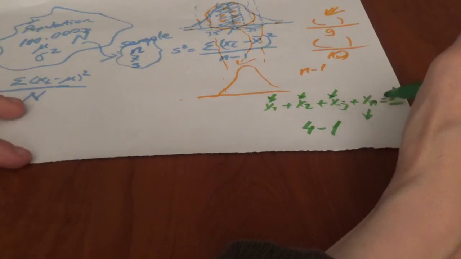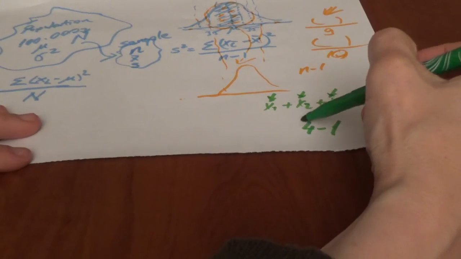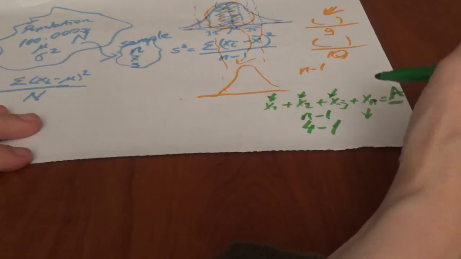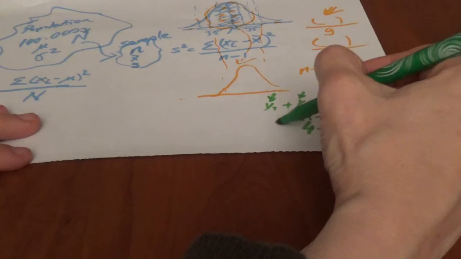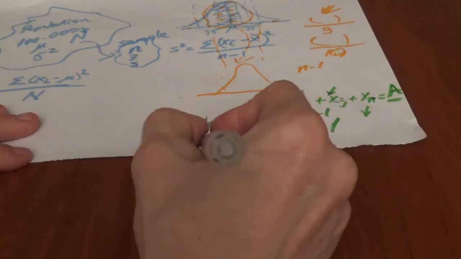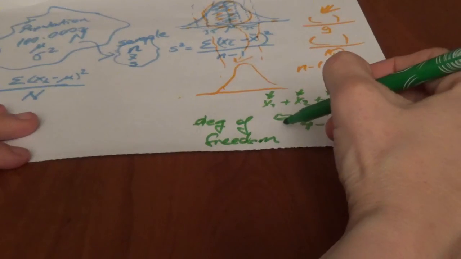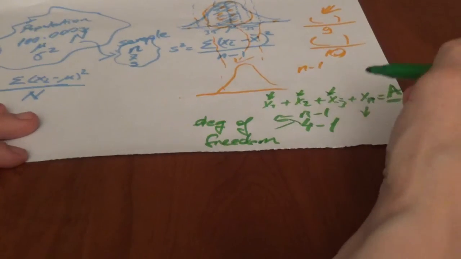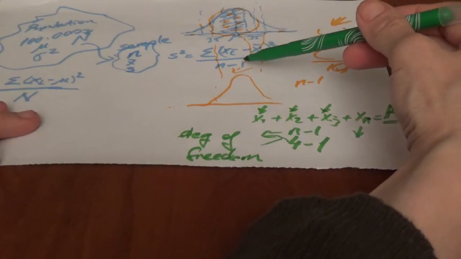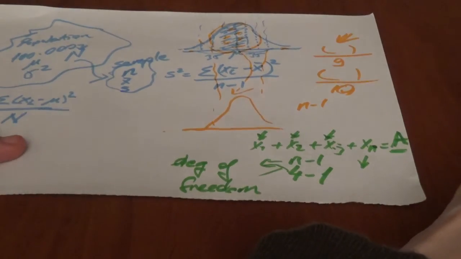So this is not a free value, which means that n minus 1 degrees of freedom is explained like this. So this is why we divide by n minus 1. I hope it's a little bit clear. Thanks.